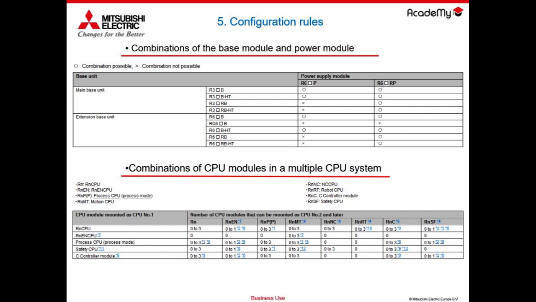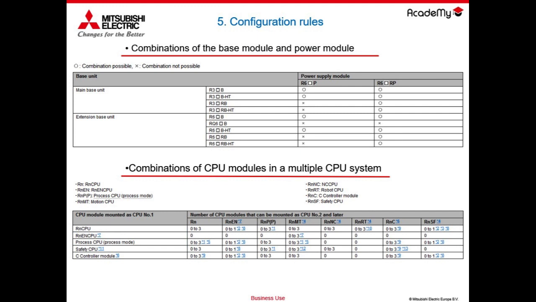Okay, looking at the lower part of the slide, we talk about combination of CPU modules in a multi-CPU system. Here the combinations between the various CPUs are reported, first of all, in tabular format. So far we have talked about R in the version we have talked about before. For P, we identify the process CPU. For MT, the motion CPU.